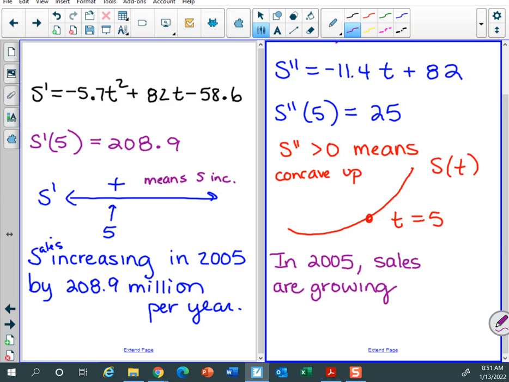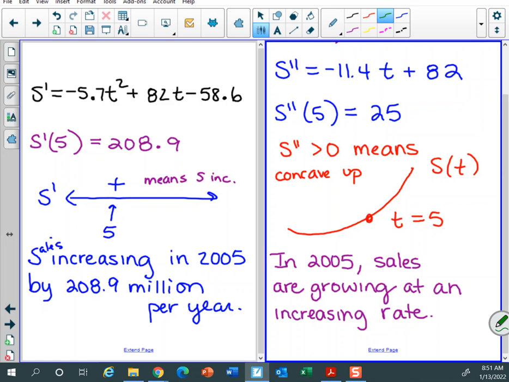That was from the first derivative. At an increasing rate, and I could have used increasing both ways. Their sales are growing, and the rate of growth is also growing. Positive first derivative, positive second derivative.